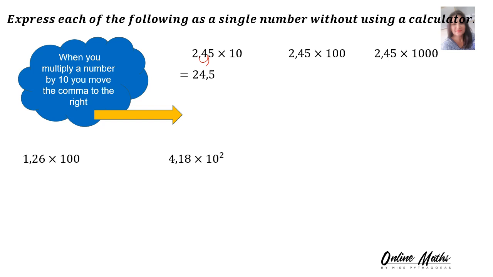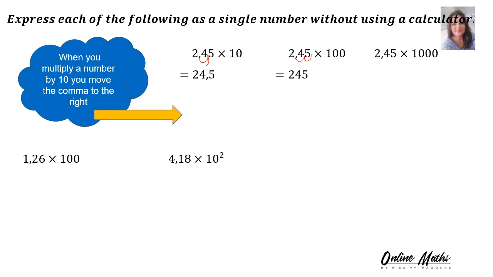The next one, 2,45 times 100, means you will move your comma twice. Therefore the answer 245.